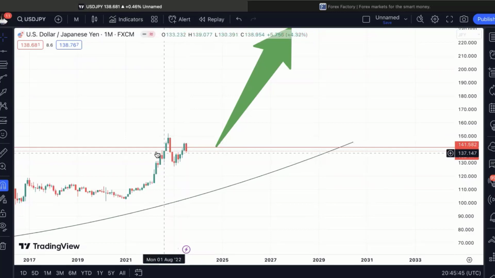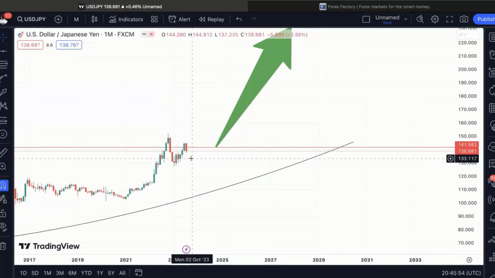So now the retracement ends here. Of course the market can still come down a bit, but what I'm saying is this: we are more in a bullish market now for USD JPY than before. So you will see that for USD JPY now, the market only rested on the monthly time frame.